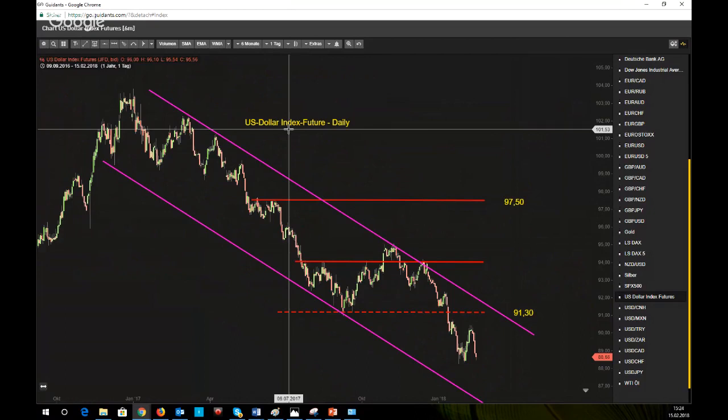Both currencies are known to be high yield currencies due to their connectivity here to the commodity sector, and usually seeing higher yields in general. So it's obvious that the Fed is by far the most restrictive central bank here in the G10 currency universe.